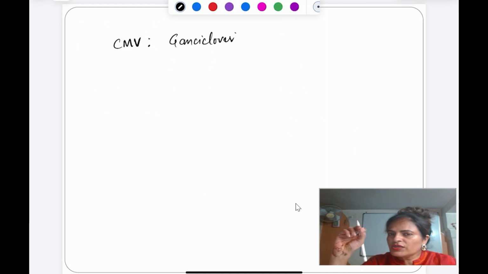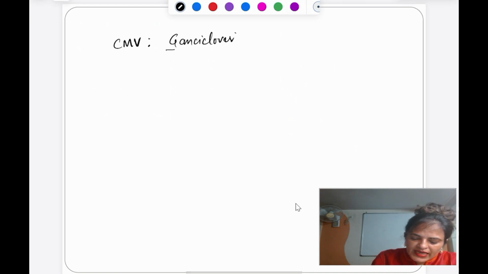Their mechanism of action is the same as acyclovir. The first step is activation. Activation needs first viral kinases. With the viral kinases, it will be converted into monophosphate, like here ganciclovir monophosphate, and then the host kinases are going to convert ganciclovir monophosphate into ganciclovir triphosphate.